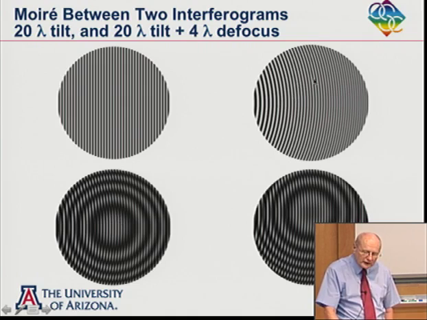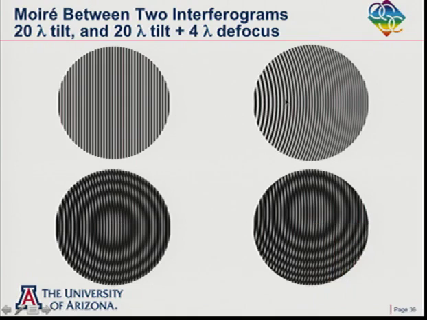Now if I rotate one pattern relative to the other one, that's sort of like changing the tilt between the two beams. So this one is taking the tilt out of this pattern, and I'm getting these circular patterns. This is just my 4 waves of defocus: 1, 2, 3, and 1 at the edge is 4.